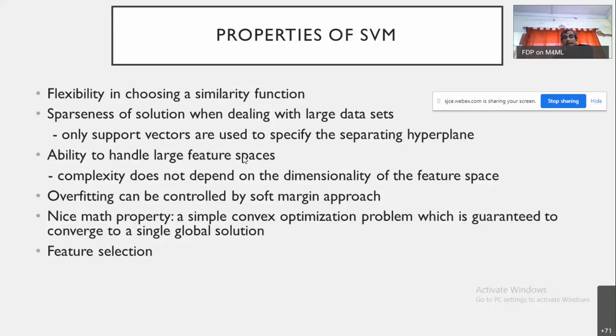And it has very nice mathematical properties. It's a very simple convex quadratic optimization problem with linear constraints where the convergence is guaranteed, right? And even by default, you know how many parameters are important, so which features are important, which characteristics are important.